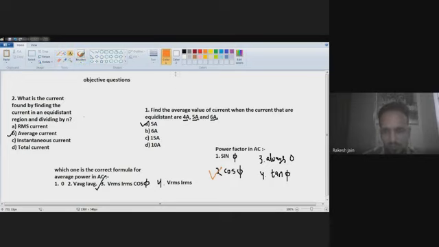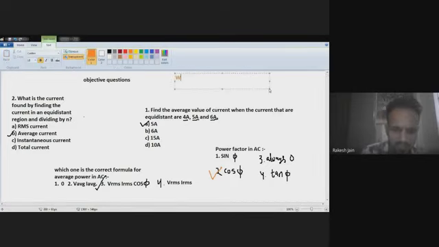Let's suppose you have a question: which consists of frequency? The first option is AC signal. The second option is DC signal. The third option is AC and DC both.